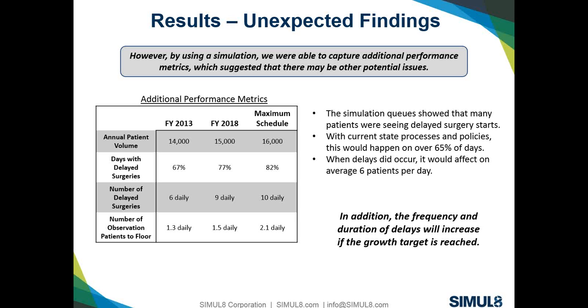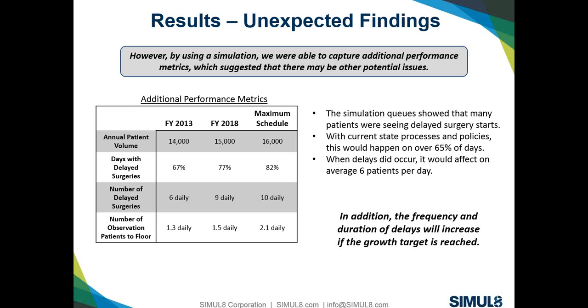You can see on the left there are 4 metrics. We ran this model at a couple different patient volumes just to get a feel for how that affected things, because obviously part of the reason for building the bed tower was to grow volumes, right? And so we want to make sure that our facilities are going to be able to handle those volume growths.